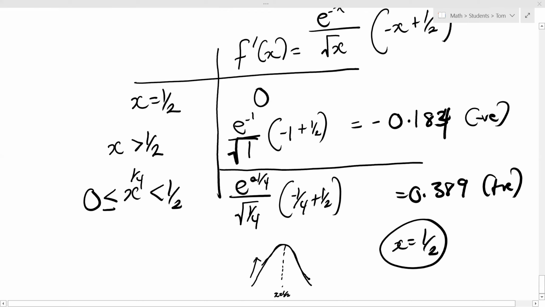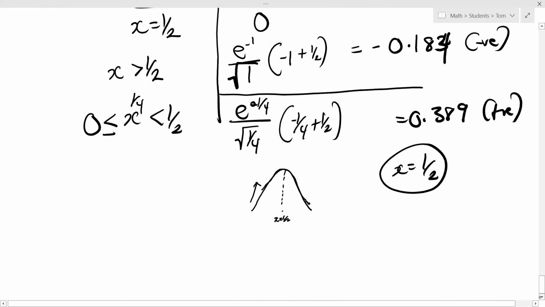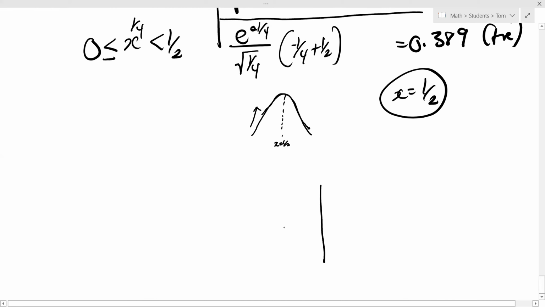Because that's where the function starts. You can also consider zero as a minimum point because of the domain of the function. Like I said, the graph looks something like this, and this point here will be at x equals half.